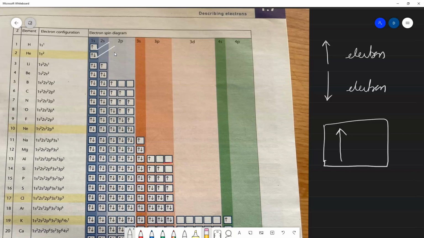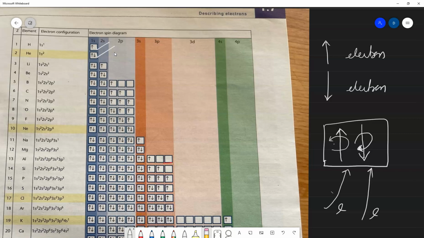Whenever 2 electrons enter a single orbital, they always spin in opposite directions. You're going to learn in physics why they spin in opposite directions. They nullify the momentum. If one electron rotates clockwise, the other electron will rotate anti-clockwise. That is the reason why you show electrons using 2 different arrows.